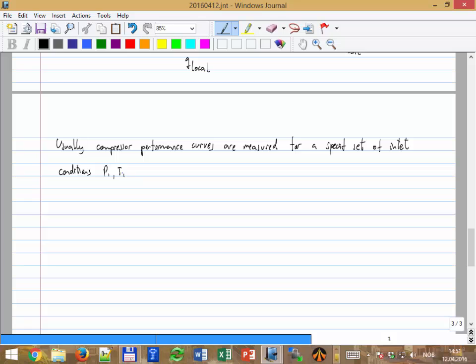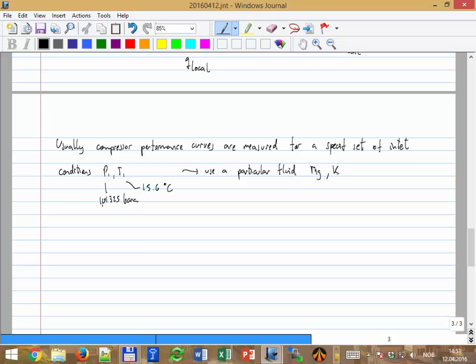They try to say 1.01325 bar and temperature 15.6. Sometimes they are a bit different, and they use a particular fluid. Typically they're also tested with air, which has a certain molecular weight and a certain K.